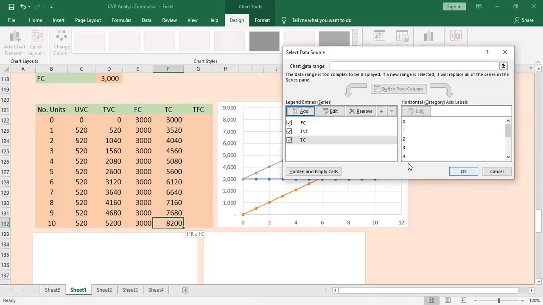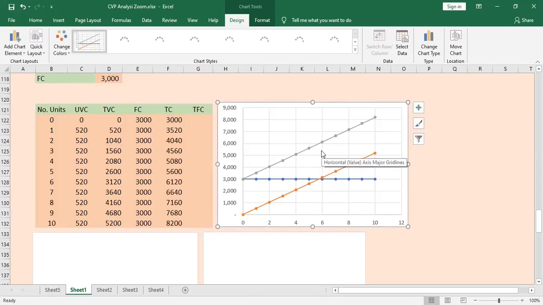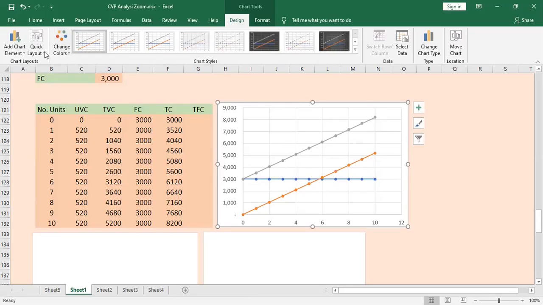Now you can see all these graphs. Now if you look at this gray color graph, let me give you these legends.